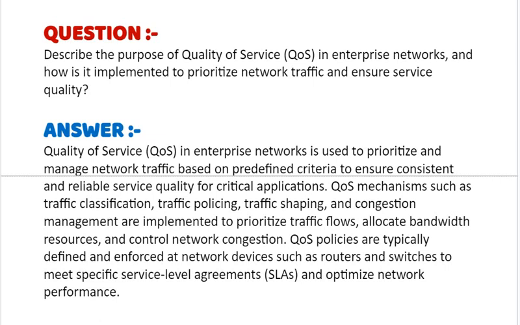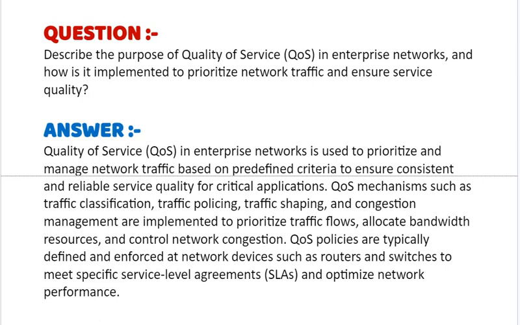Your answer should be: quality of service QoS in enterprise networks is used to prioritize and manage network traffic based on predefined criteria to ensure consistent and reliable service quality of critical applications.